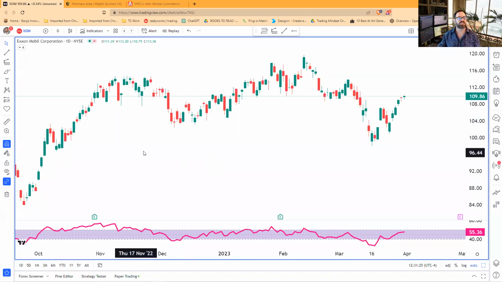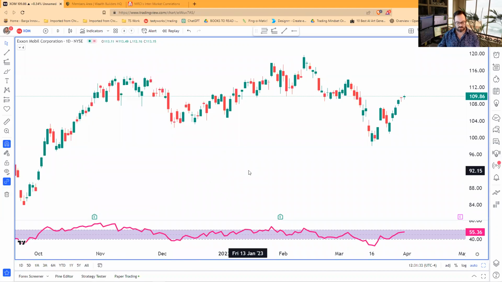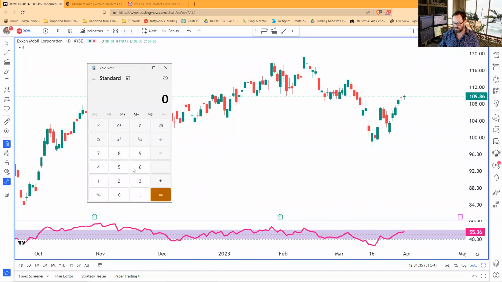However, if I were to take, let's say, 300 shares, the notional value of that would be the actual value of those shares. So it's 109.86 times 300. The notional value of that position is $32,958.